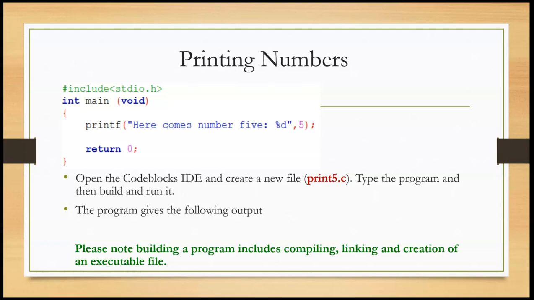The program gives the following output: Here comes number 5, colon 5. Please note, building a program includes compiling, linking and creation of an executable file, and this is something we have discussed earlier as well.